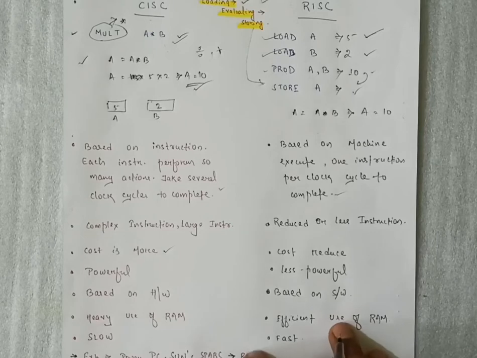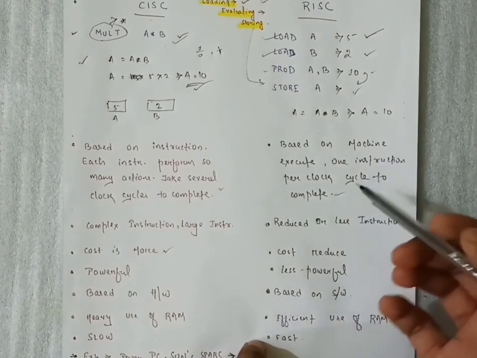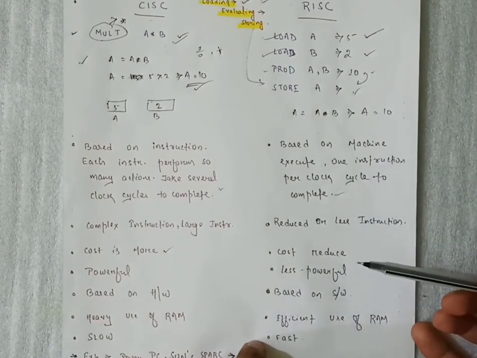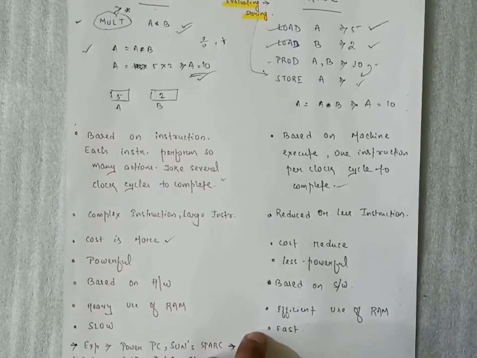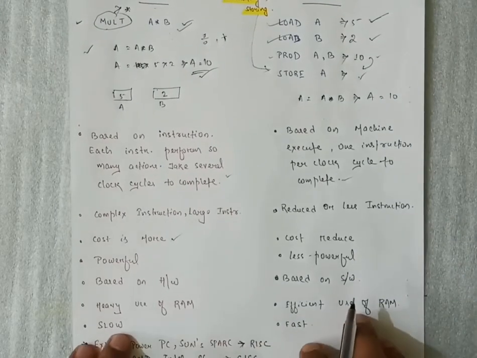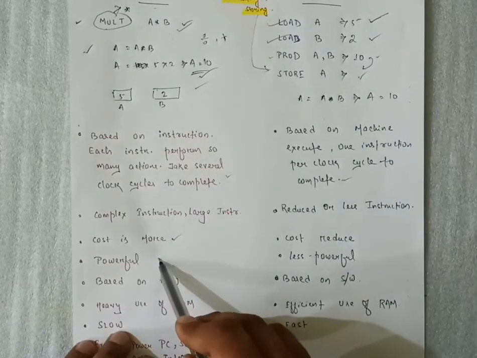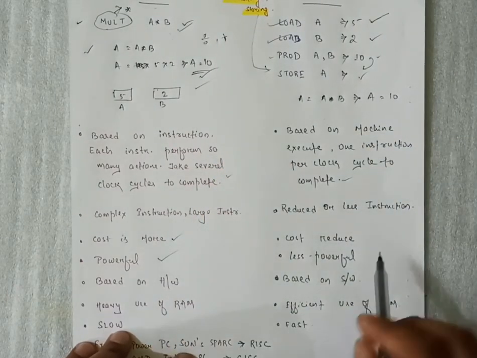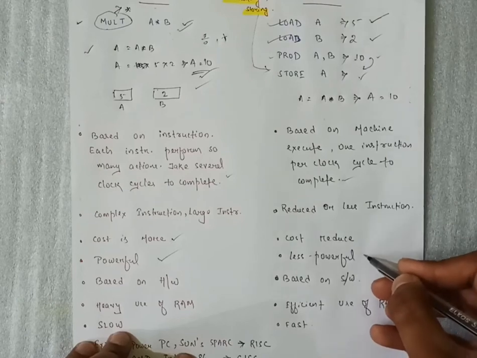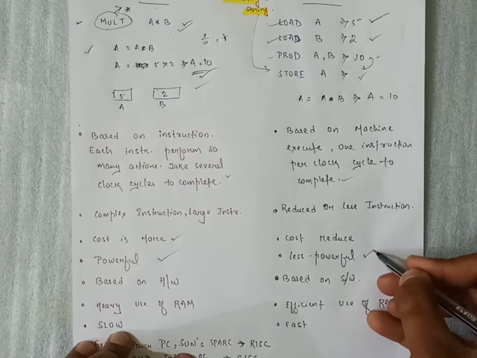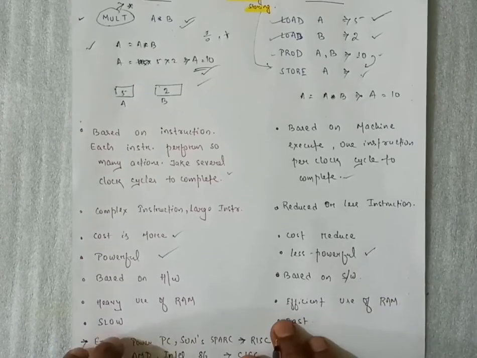And here in RISC, with less complexity of the code, the cost will automatically be reduced. As CISC performs more complex tasks, it is more powerful. As RISC performs fewer, simpler instructions, it is less powerful than CISC.